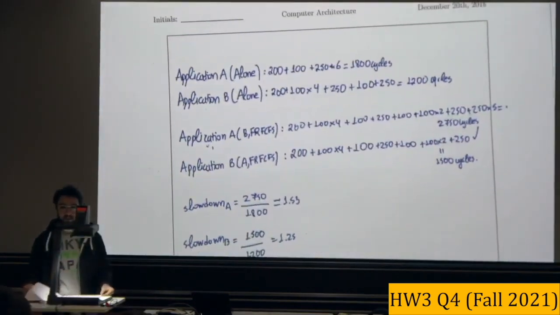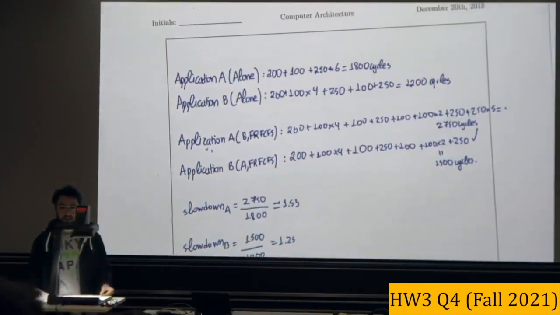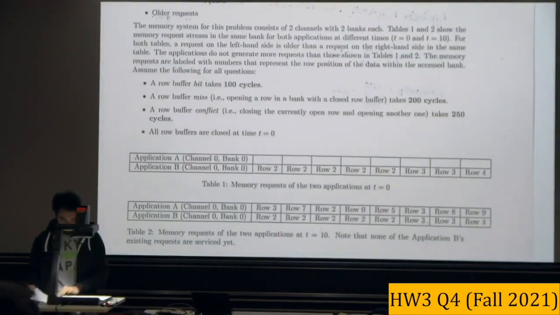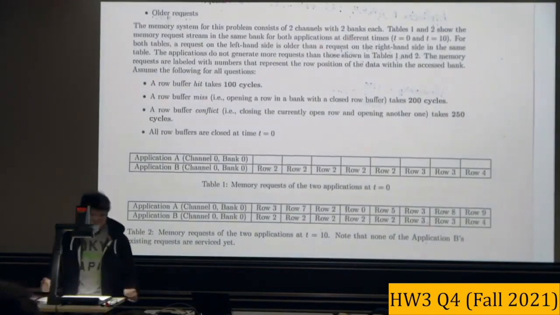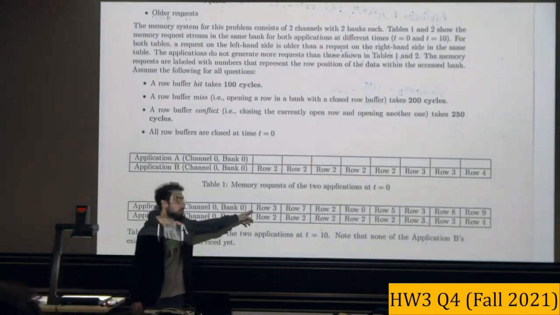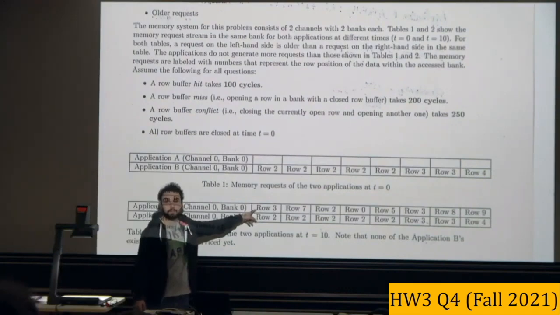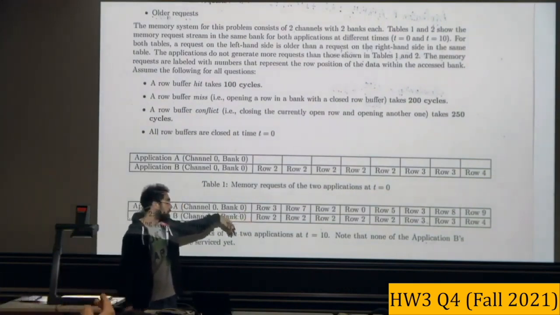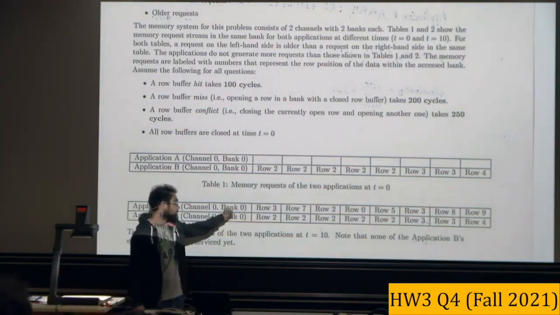For instance, you would still blacklist B after one access, but then you would hit A and blacklist that immediately as well, and then it would execute them as normal, like before, right? So if you do that, you will have a row miss here, but it does the row buffer hit first, which means it would select row 2 from application A.